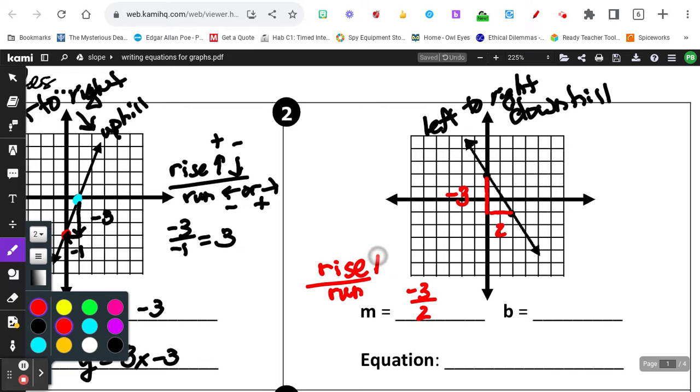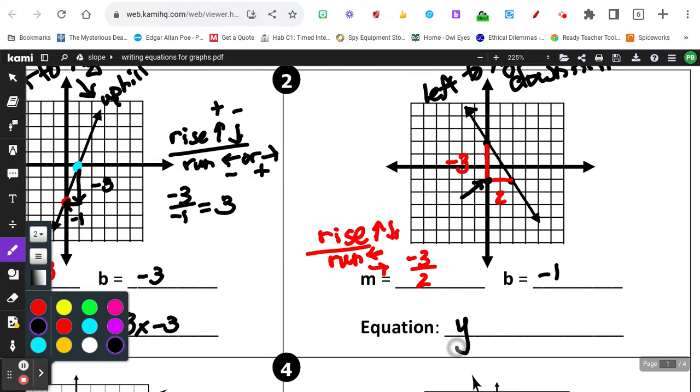So calculate the up or down part and then calculate the left or right part, okay? All right, b, where does the line touch the y-axis? Well, it touches it right there at -1. So your equation is y equals -3/2 x minus 1.